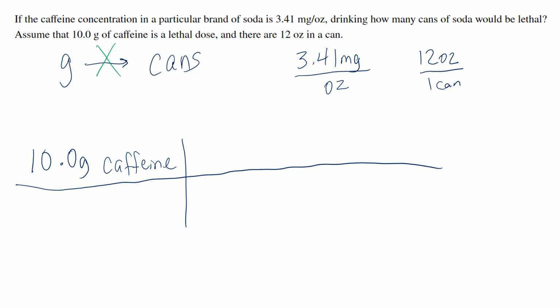So if I could go to milligrams, then I know I can go to ounces, then I can go to cans. So this is a dimensional analysis problem that involves using multiple conversion factors. And so by planning out how to go from what was given to what was needed, you'll know how many conversion factors you need and you can identify how to arrange them so that we can go to the target.